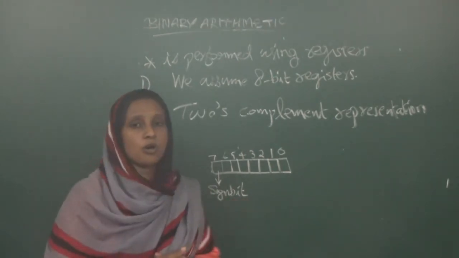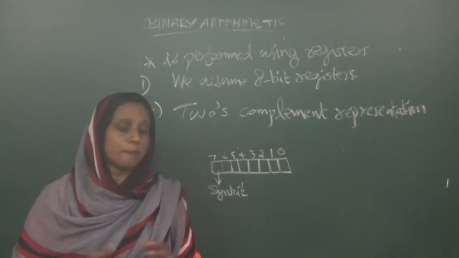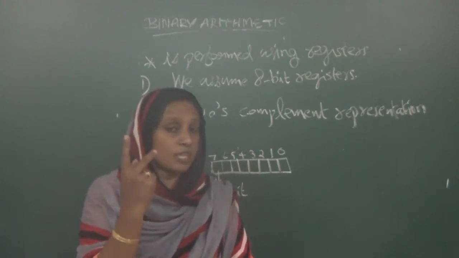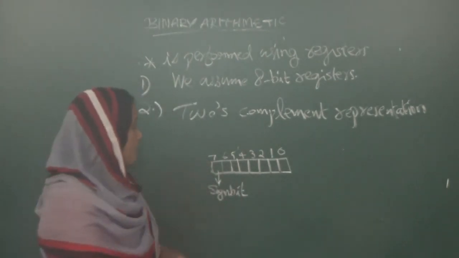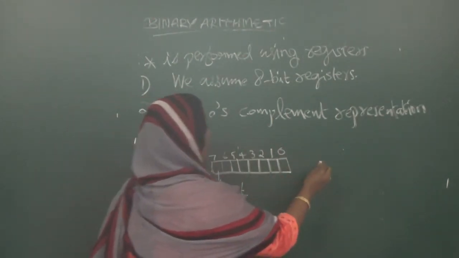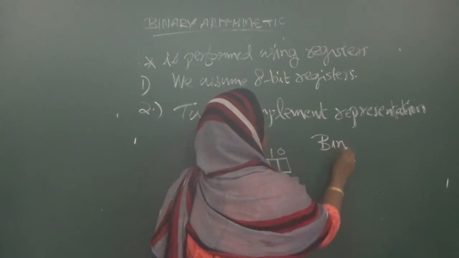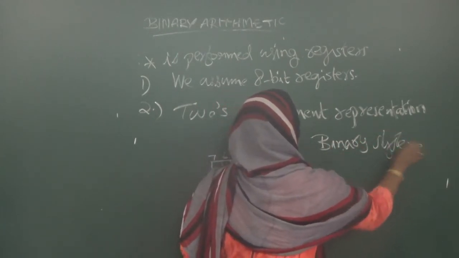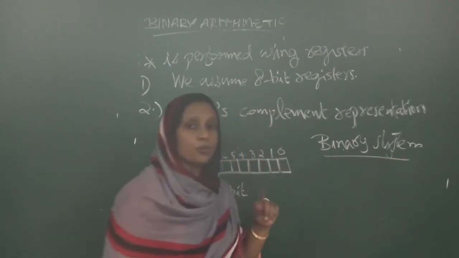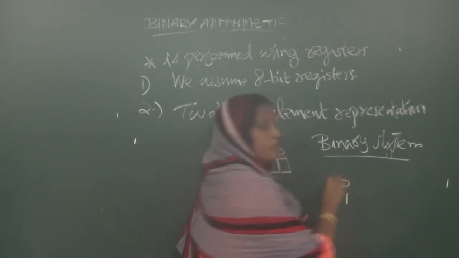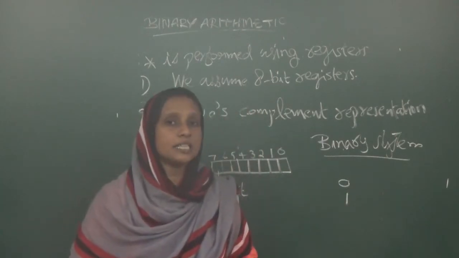Okay, now as all of you know, in the binary number system, we have two symbols. What are they? Yes, they are 0 and 1.